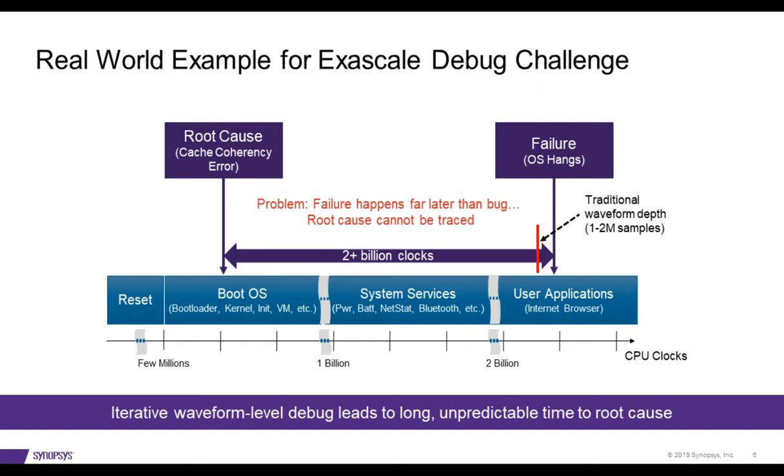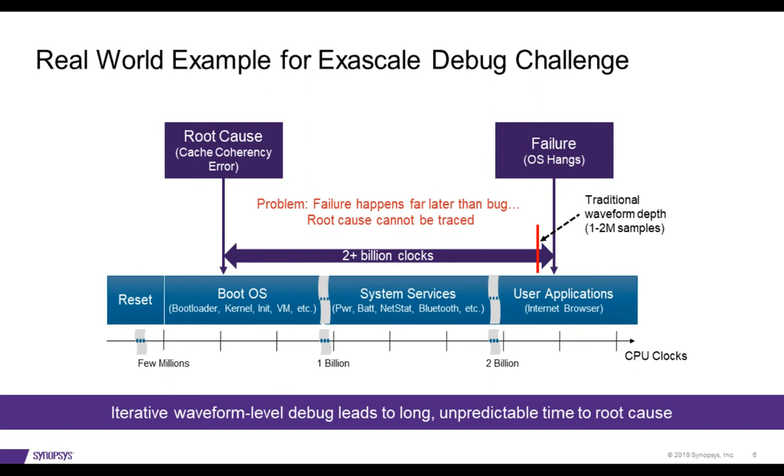and let's say that the failure is observed as an OS hang. Now, the root cause of this failure could be several billion cycles before, and let's say in this case it is a cache coherency error that happened during the OS boot itself, which we finally caught billions of cycles later.